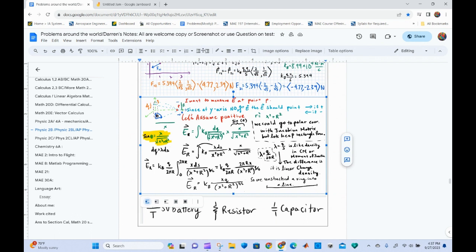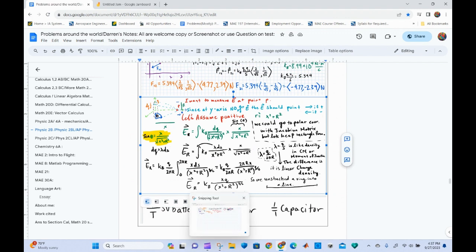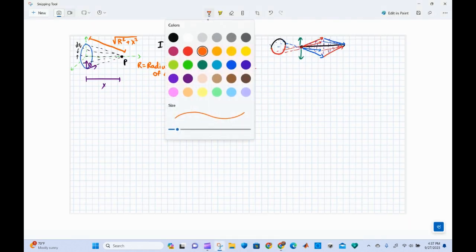What was r then? I did something wrong. No, that's right. That's right. R squared plus x squared, because we don't know what x is, but we know what r is. R is the radius of the ring. R equals radius of ring. With that knowledge in mind, you could do the rest here.